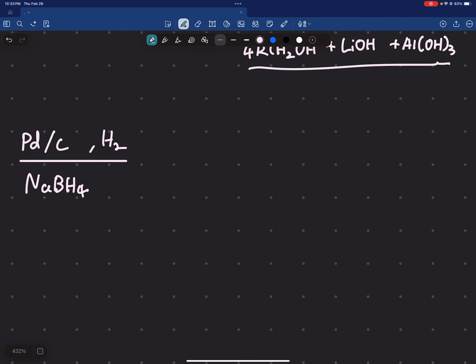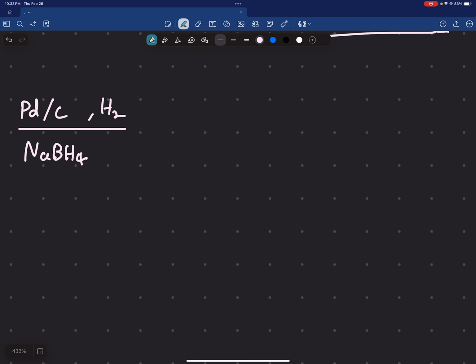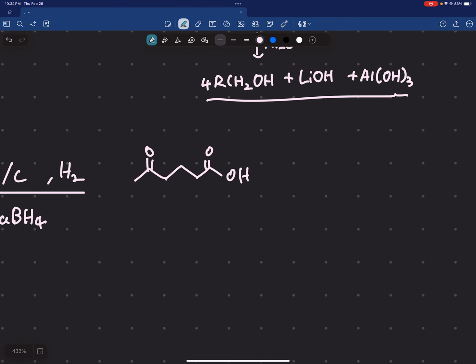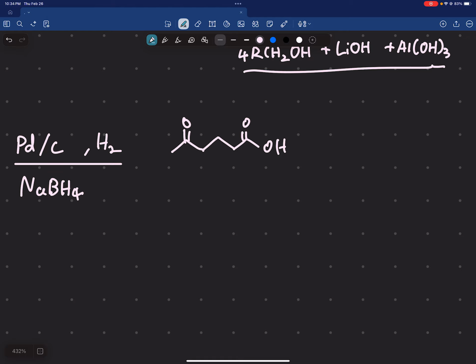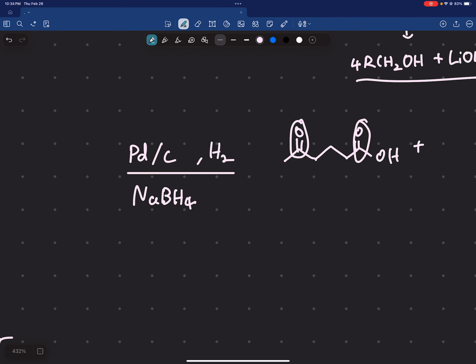So let's go over the catalytic hydrogenation first. If we had a compound that looked like this, and we want to reduce this ketone without reducing this carboxylic acid, we could use catalytic hydrogenation.